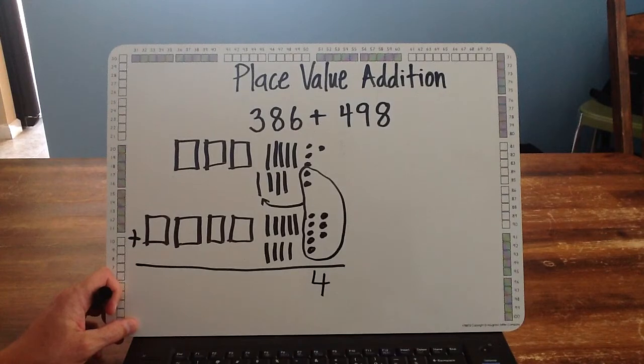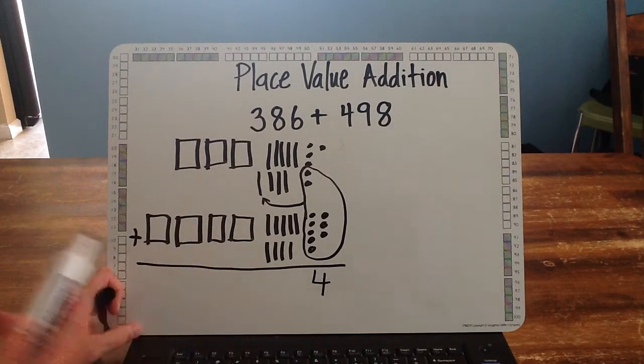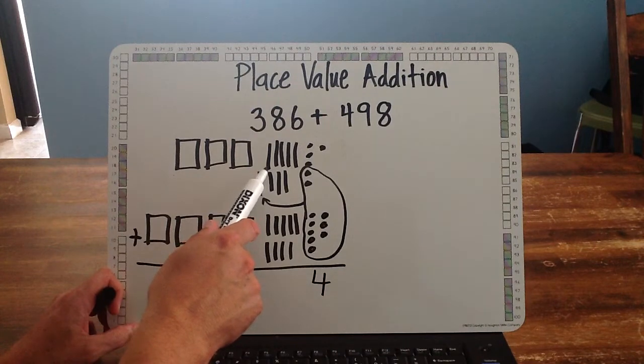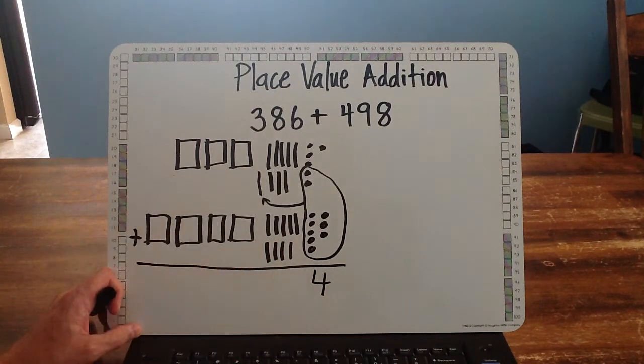Now I'm going to look at my groups of 10. I have a lot of groups of 10, so again I'm going to have to see if there is a group of 10 that can be pulled together so that 10 tens, which makes 100, can go over to the hundreds place. So if I look here, I have 1, 2, 3, 4, 5, 6, 7, 8, 9 tens.